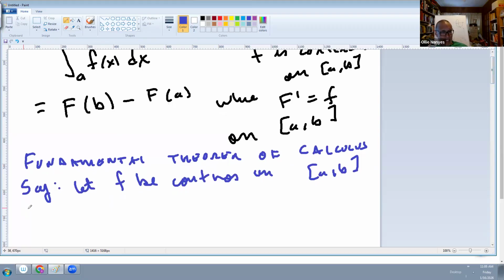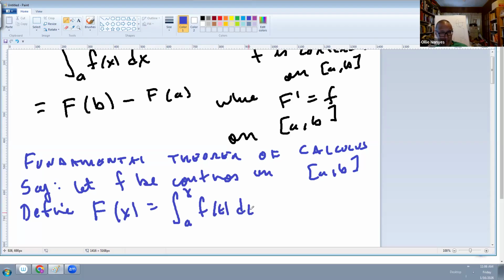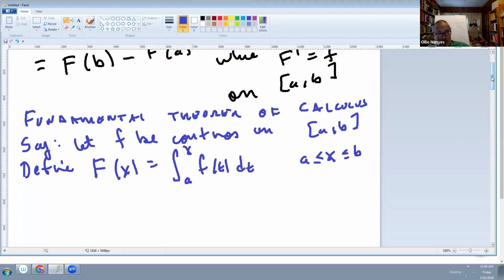What it basically says is that if we define big F of x to equal the definite integral starting at a, ending at x, of f, with a different dummy variable of integration, where x is less than or equal to b and greater than or equal to a, then notice this is now a function.